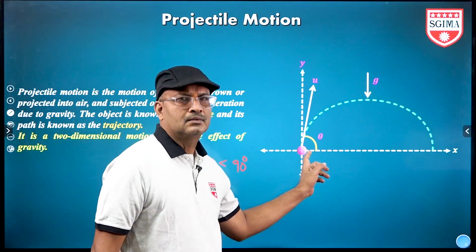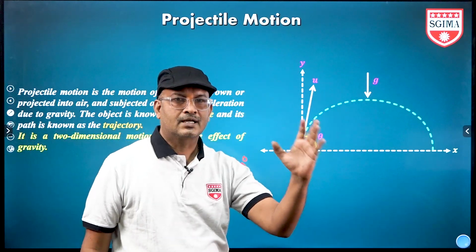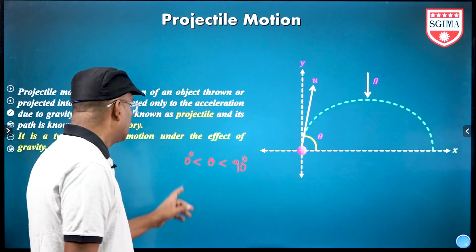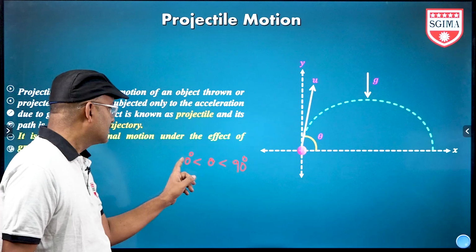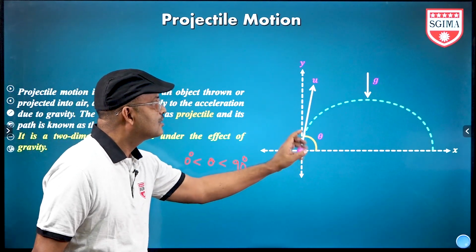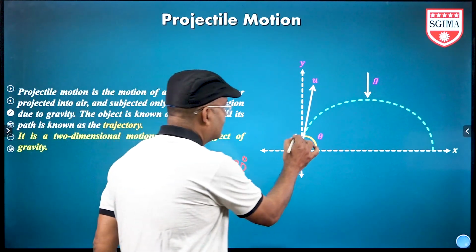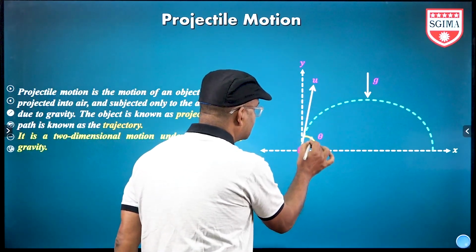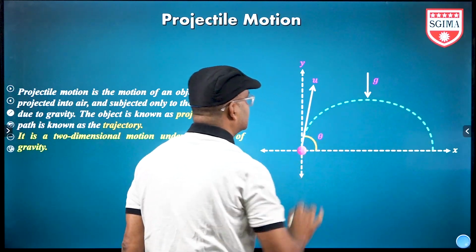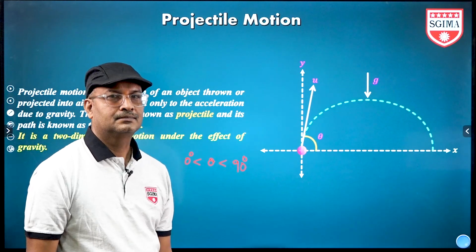If theta is 0, it is a horizontal projectile. If theta is 90 degrees, it is a vertical projectile. If theta is between 0 and 90 degrees, this is an oblique projectile. The initial velocity has some angle with the x-axis.